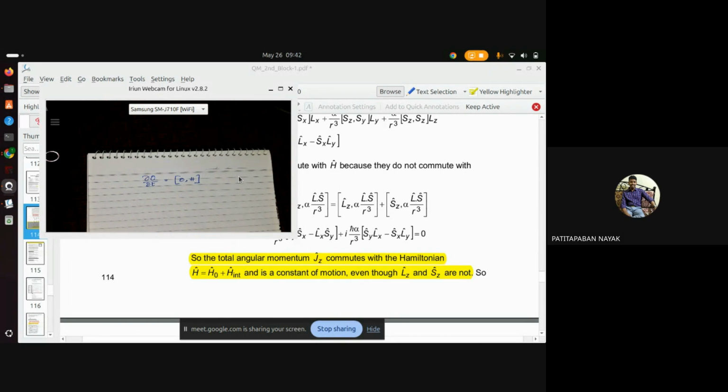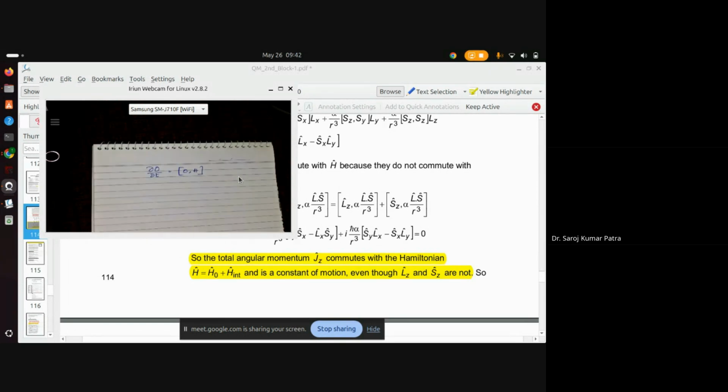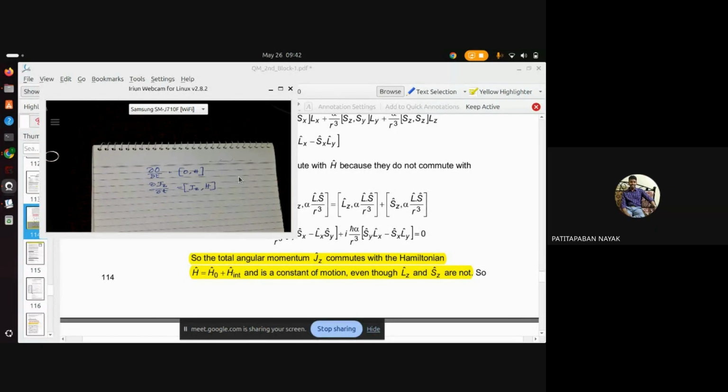So if I write the same for Jz, del Jz by del t is the commutator of Jz with the Hamiltonian, right? We can write it for any operator.